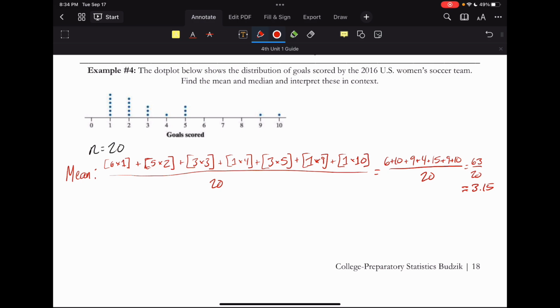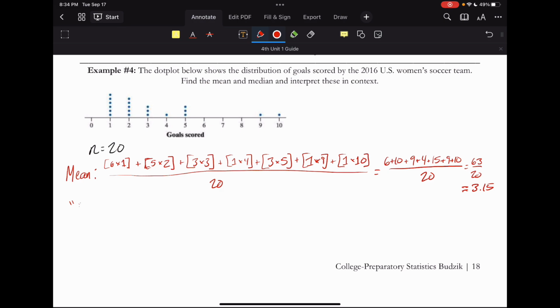And now we're going to interpret this in context. So again, the mean is the average. So on average, it's the number of goals that were scored by the women's soccer team in 2016. So interpretation means that we're going to write a sentence.